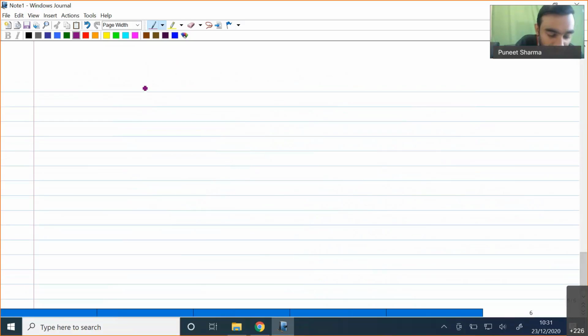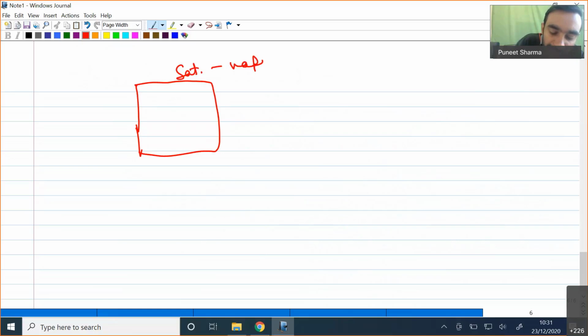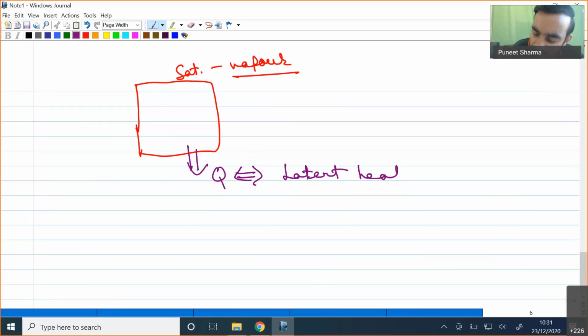Now, let me see a phase change substance, for example a saturated vapor. If from this saturated vapor I take out a certain amount of heat, and this amount of heat is equivalent to the latent heat of vaporization, then we will not have any change in temperature.